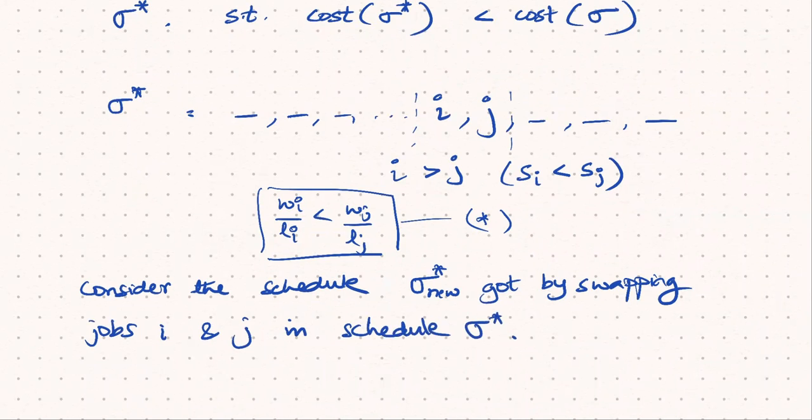So we take sigma star, we keep these unchanged, we don't change them, but we just swap these two jobs.